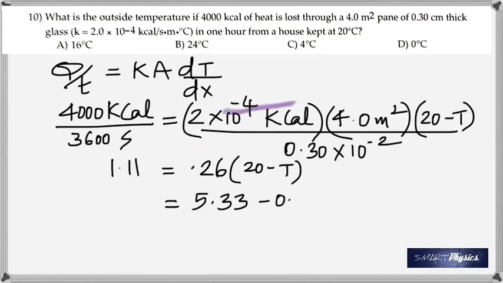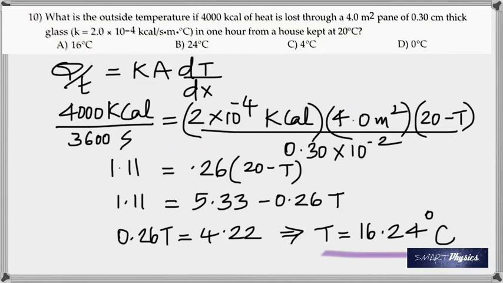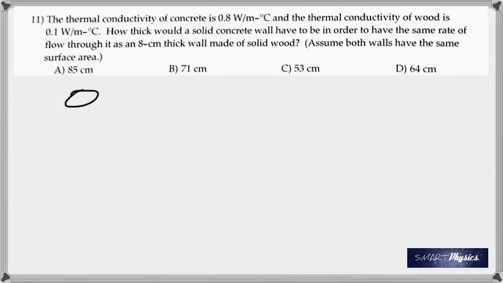I multiplied all the numbers except 20 minus t, which I have here. So, and then distribute it. And rearrange carefully and divide to get to a 16.24 degrees Celsius.